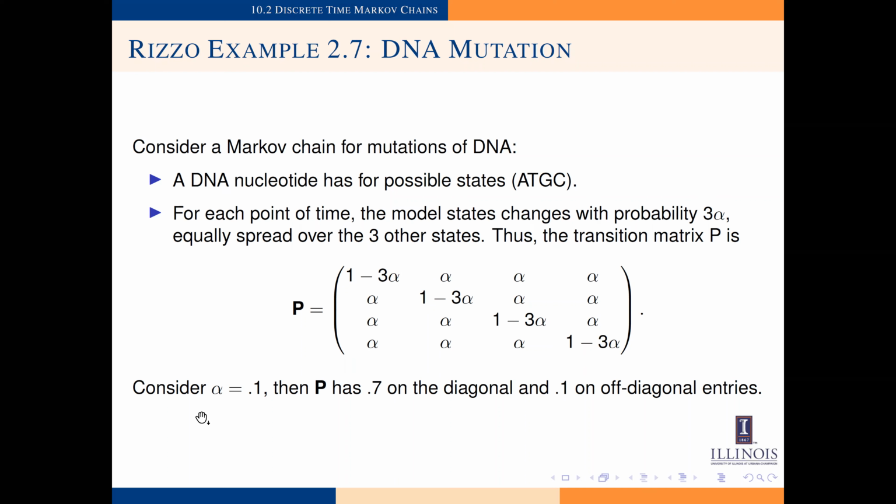Let's consider the case where alpha is equal to 0.1. Then P is the matrix where it has 0.7 on the diagonals and 0.1 on the off-diagonal entries.